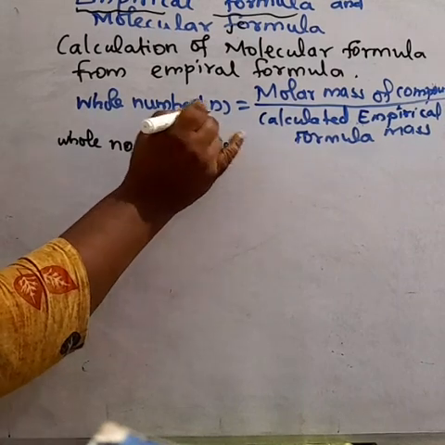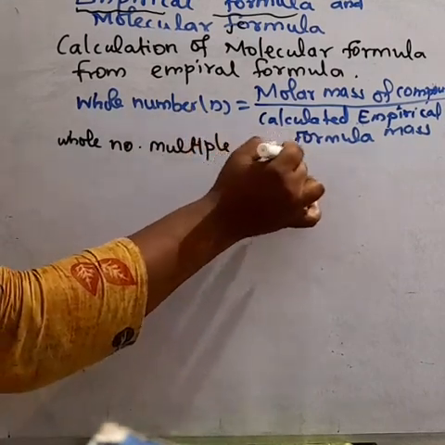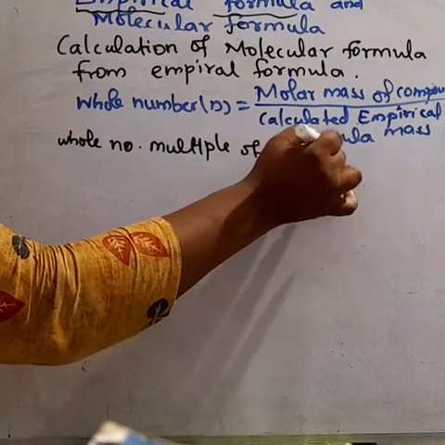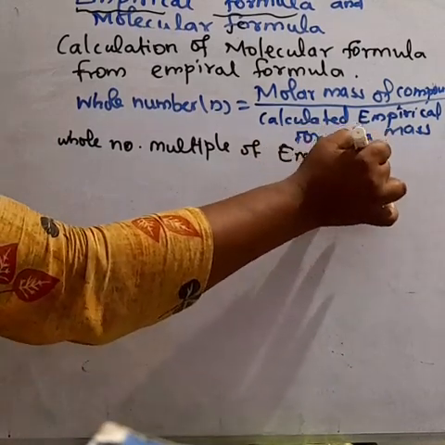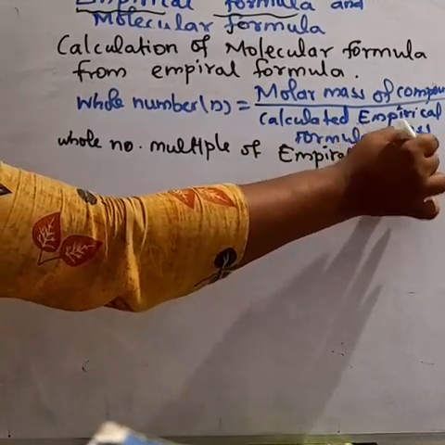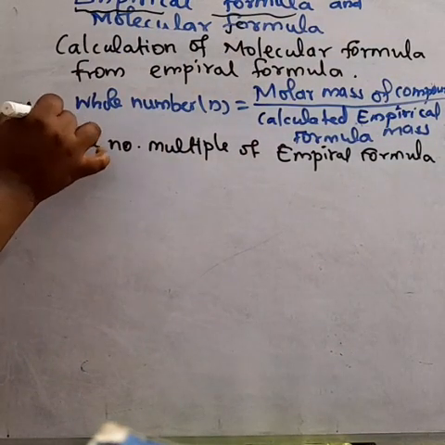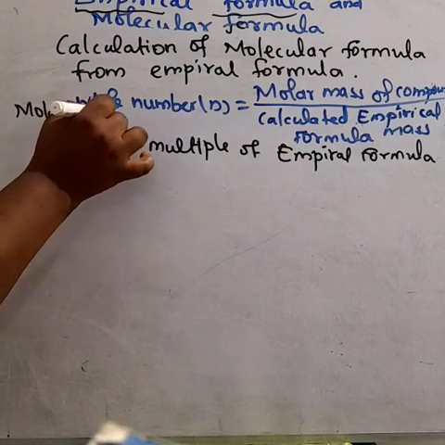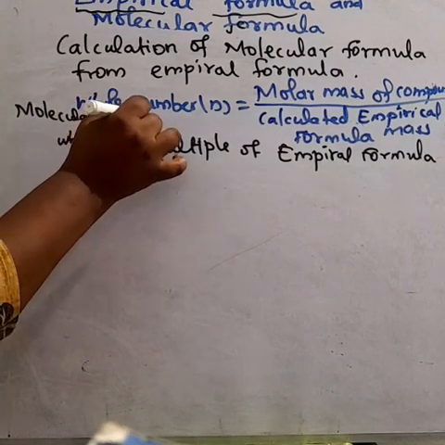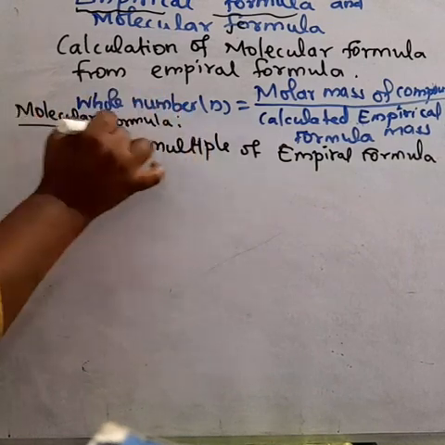Understood? When we multiply the empirical formula by the whole number, we get the molecular formula.